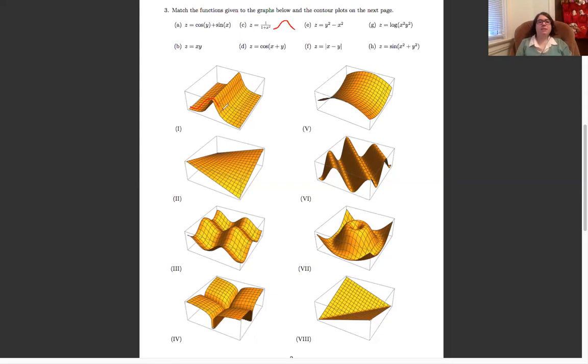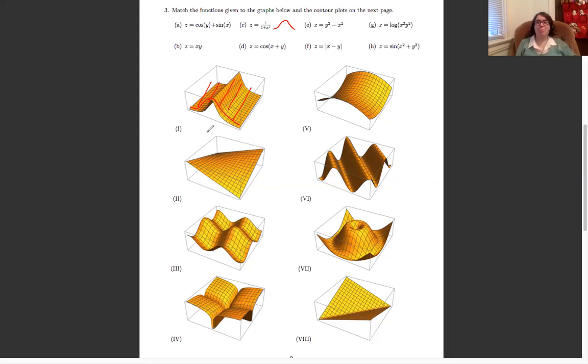And in particular, what's cluing me into this one is the fact that I do get the straight lines in the other direction. And I would say this is really the only one where I get straight lines in one direction where it doesn't change as a function of one of the variables. In fact, I can go further, and for this one, I can tell you which axis is X and which is Y, because it doesn't change along the Y axis.